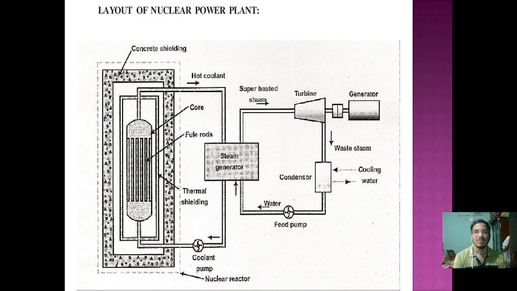The waste steam comes back to the cooling water, is cooled and becomes liquid water again, and then goes by a feed pump back to the reactor. Like that, the nuclear power plant layout forms and produces heat energy, which then goes to the generator.